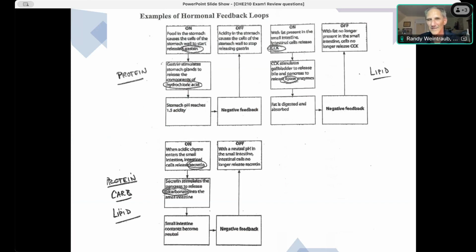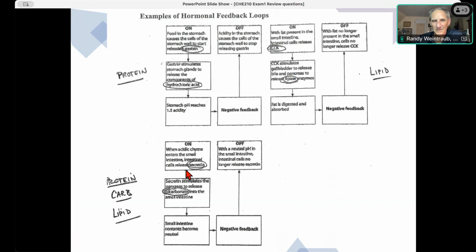At the same time, we get CCK, lipase, and when there's no more CCK produced, and there's no more lipid sensed, then that's halted with a negative feedback.